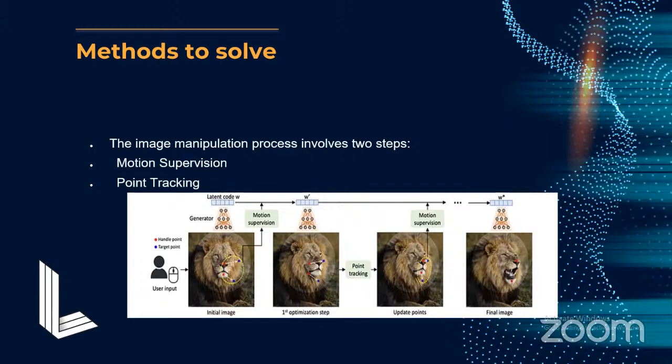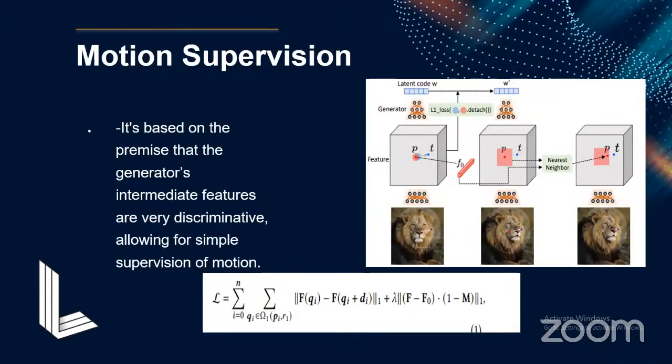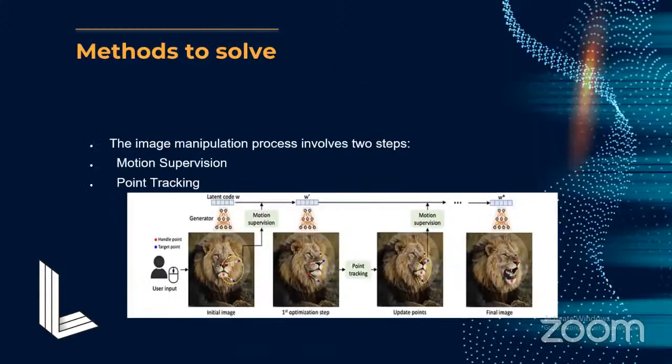And now let's start with the method of image manipulation. Our process consists of two steps, motion supervision and point tracking.